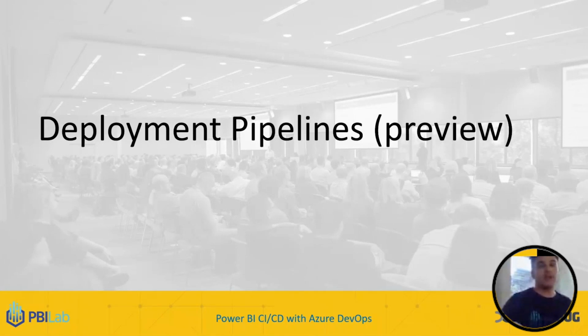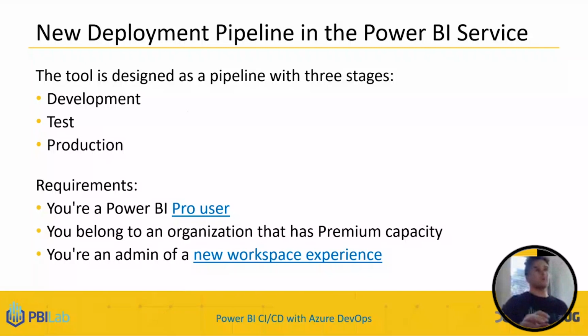So before running the demo, I need to really quickly talk about the new deployment pipelines requirements. The tool is designed to have 3 stages, so the classic dev, test, and production. Then the requirements are strict. You need to be a Power BI Pro user to be able to use or create a pipeline.